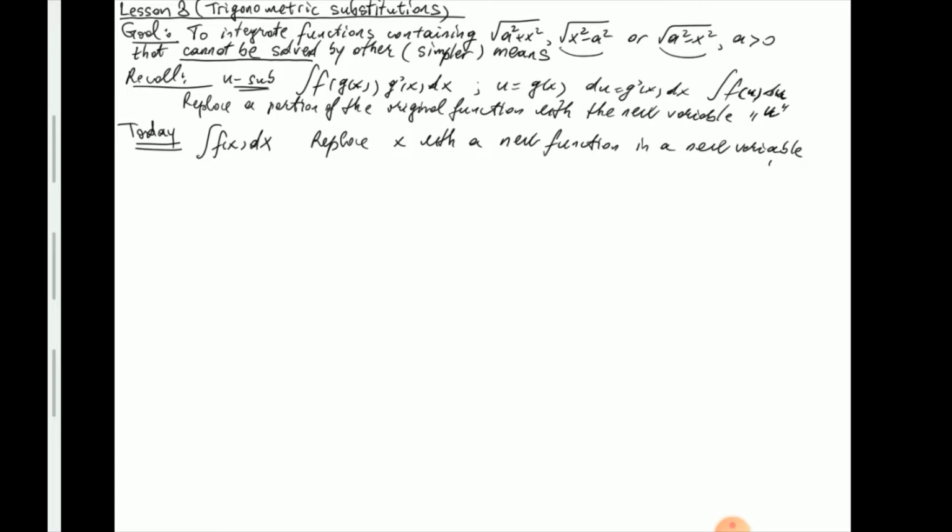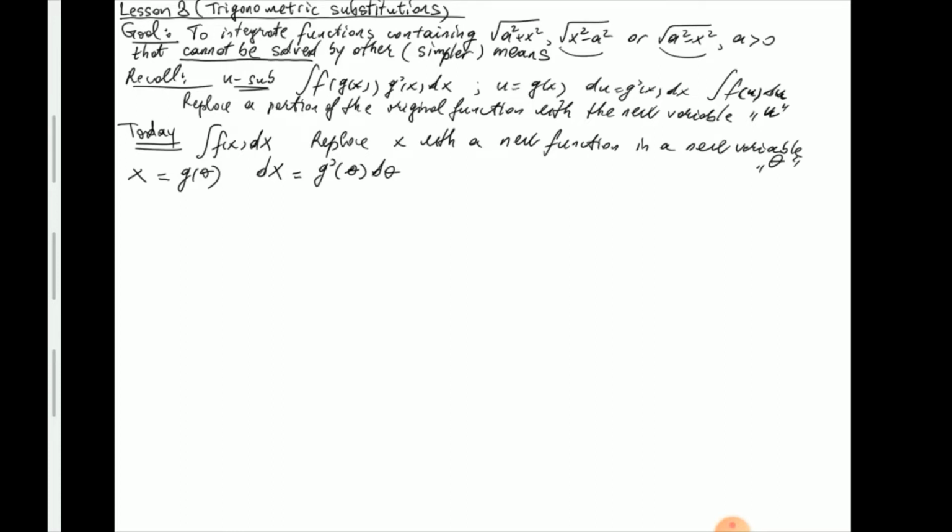Typically that new variable is denoted by theta, but again you could denote it however you like. So in this type of substitution, we replace x with a function, let's call it g of theta. And in order to come up with an integral in theta, you also have to compute the differential of x, just like before. Remember from calculus 1, the differential is g prime of theta d theta.